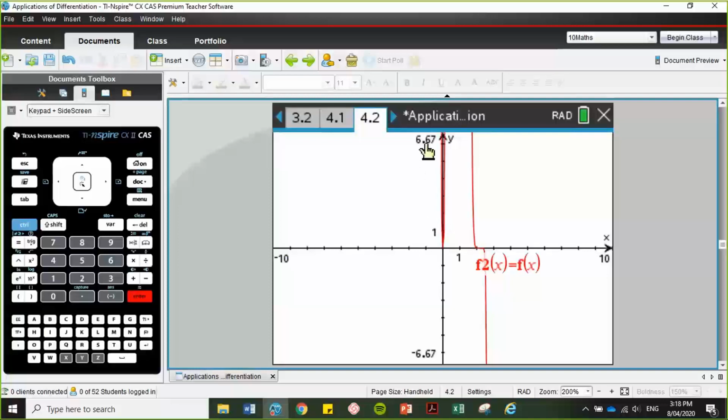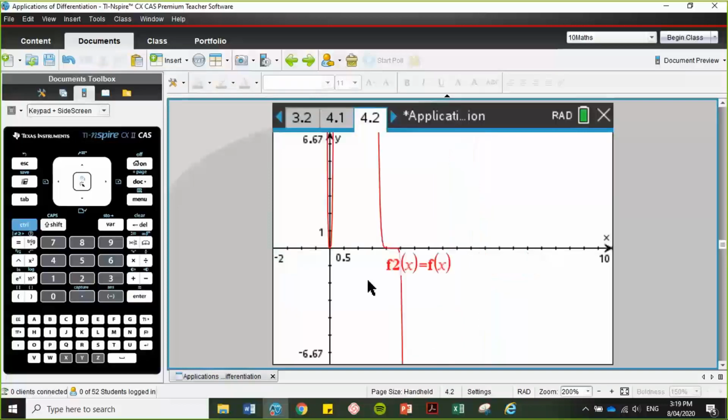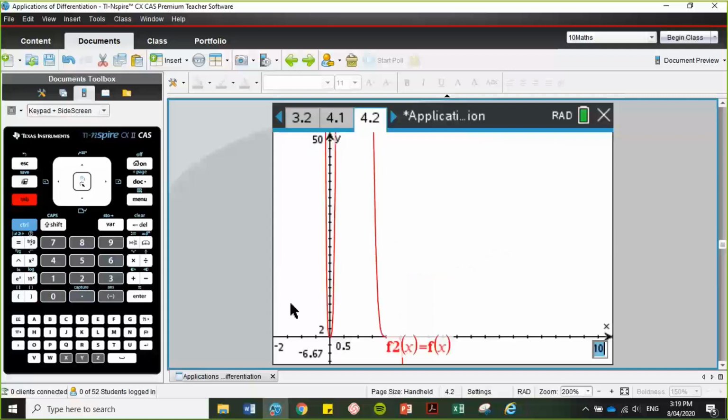Beautiful. Now, the scale's not amazing. That's looking very narrow there. So I can fiddle with my scale just by double clicking on one of these values and changing that, and then pressing tab. Tab is just above control, and tab will take me to the next value on that axis. So I might want 50, something like that.